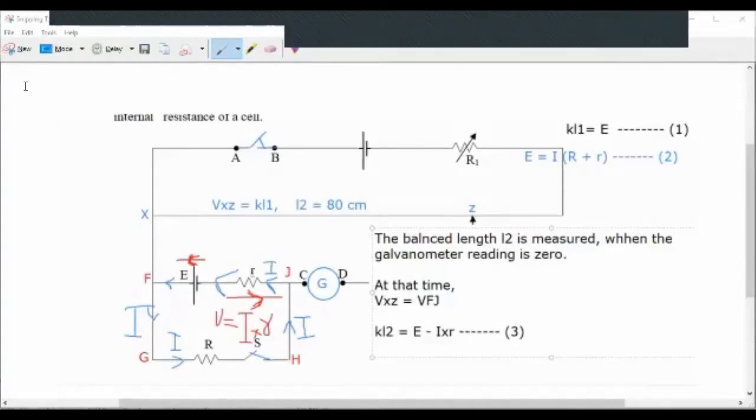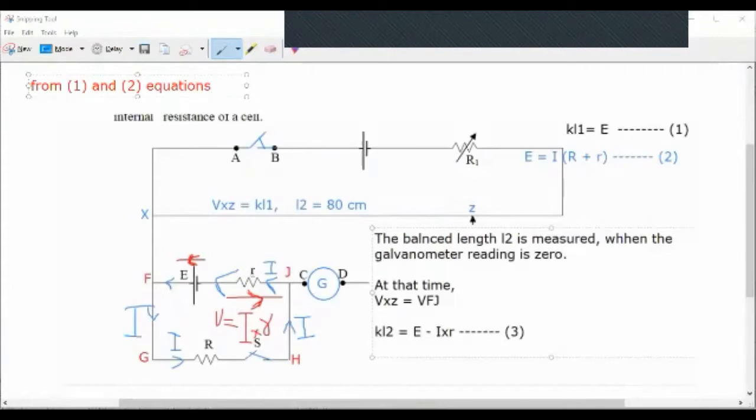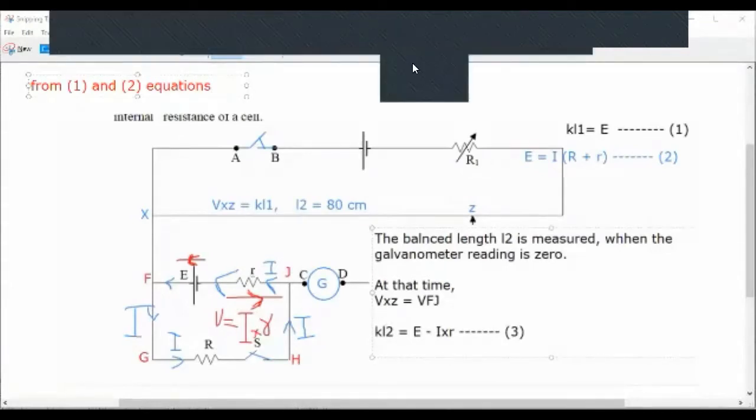Let me write here. From equations 1 and 2, we can obtain this result.